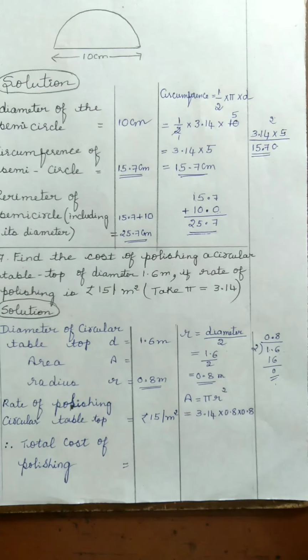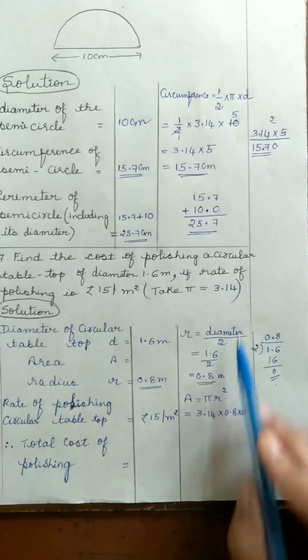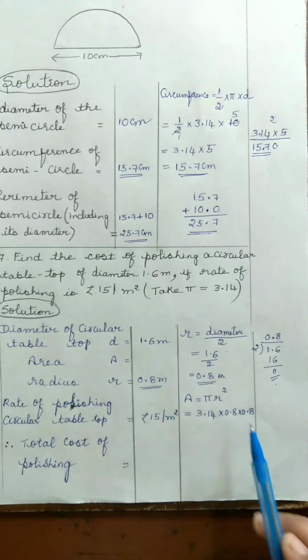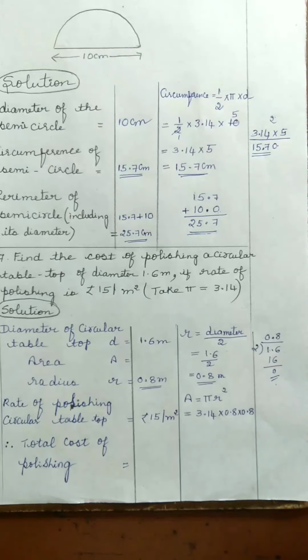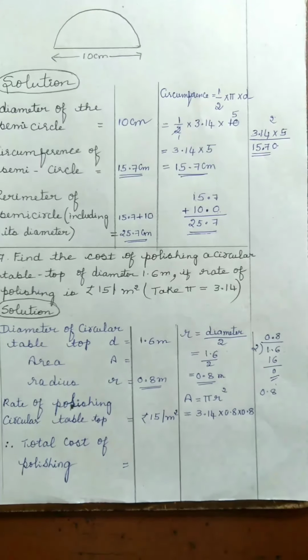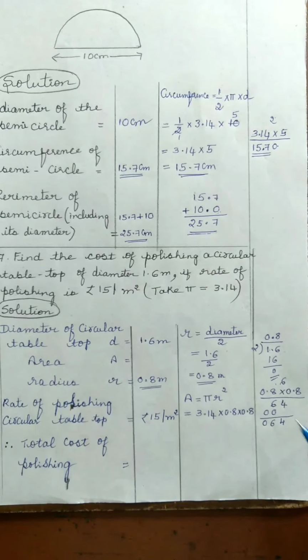So children, on substituting the values, pi equal to 3.14, and radius 0.8, we have 0.8 into 0.8. So first multiply 0.8 into 0.8. 8 8s are 64, 6 is remaining, 8 zeros are 0, 0 plus 6, it is 6.